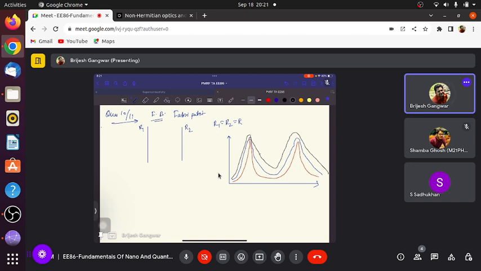This is RA, this is RB, and this is RC. R1 is equal to R2, which is equal to R. So the first question is, what can be deduced about the reflectivities of cavity A, B, and C from the transmission spectrum?